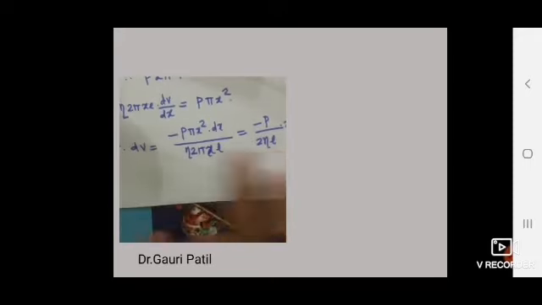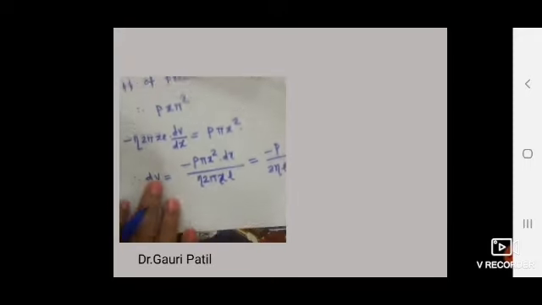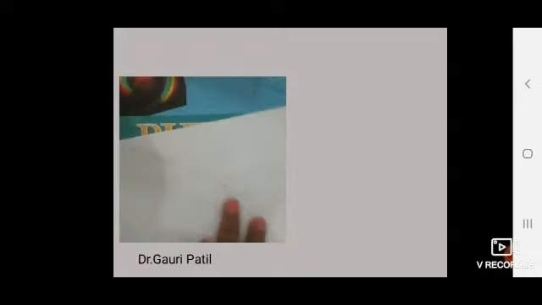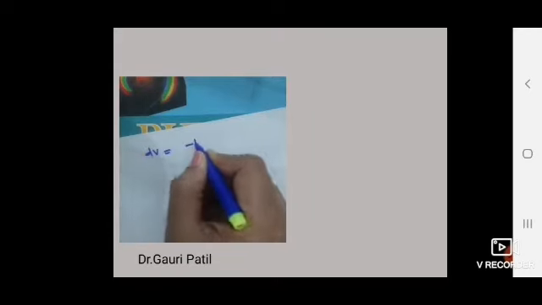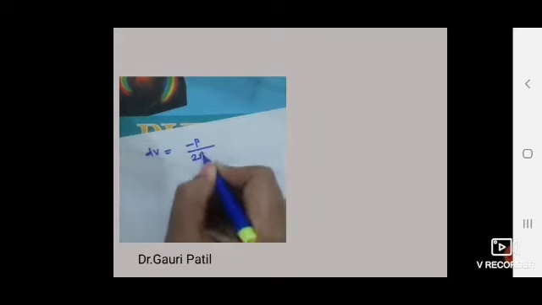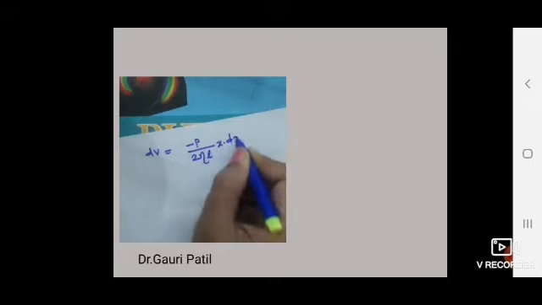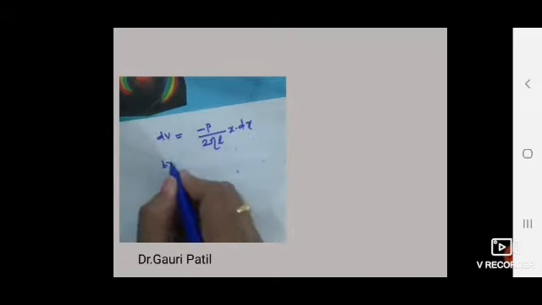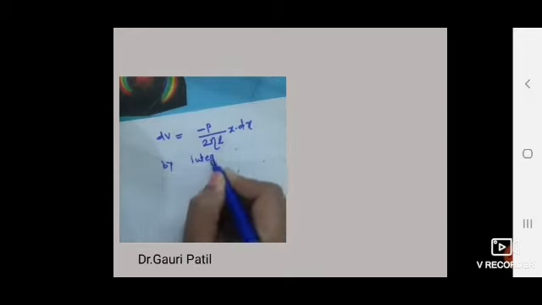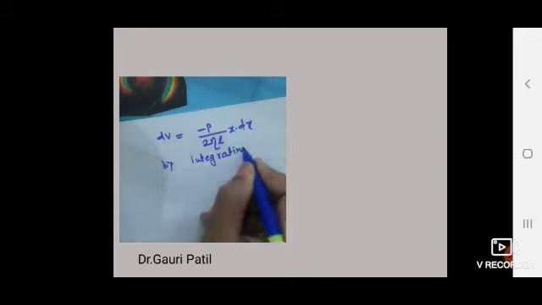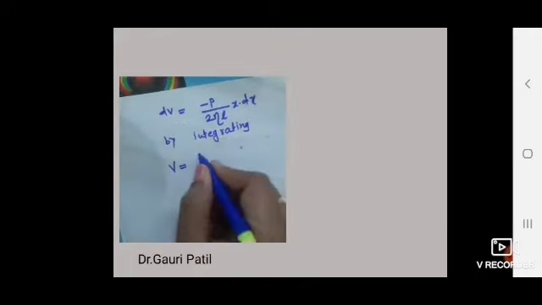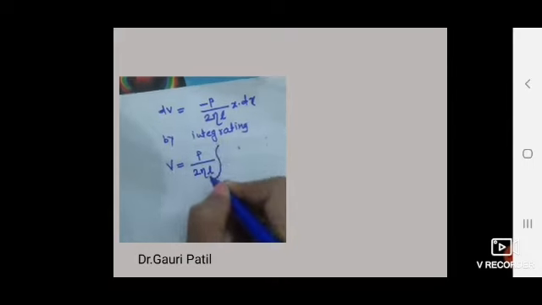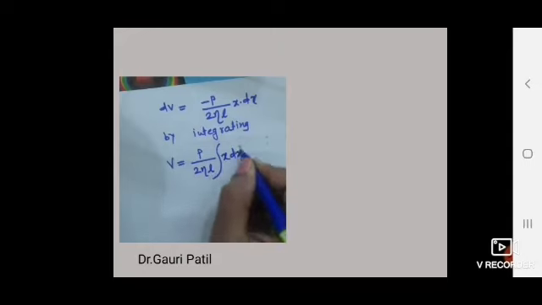So integrating this equation, dV is equal to minus P upon 2 eta L into x dx. By integrating, we get V is equal to the integral of dV. Here the constant 2 eta L we put outside and then integrate x dx.